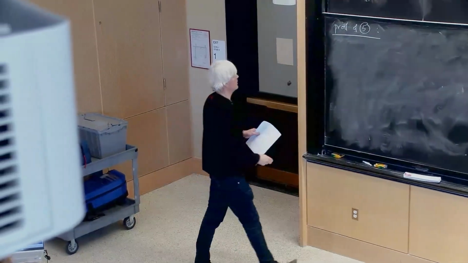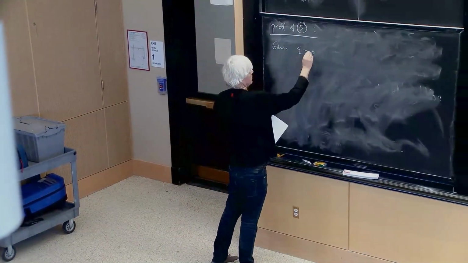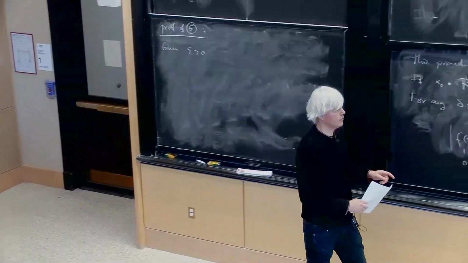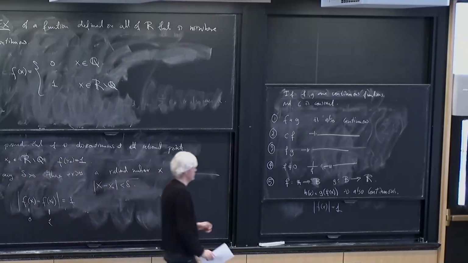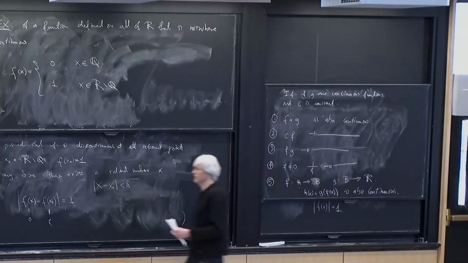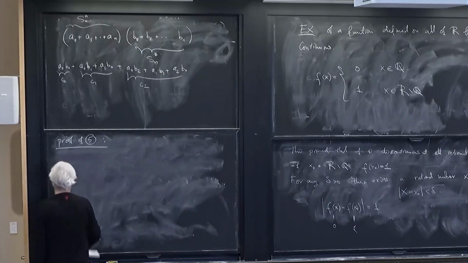So given epsilon, right? Well, we know that the function, so you sort of have to start backwards. Before I take given, let me just say that I want to prove it.